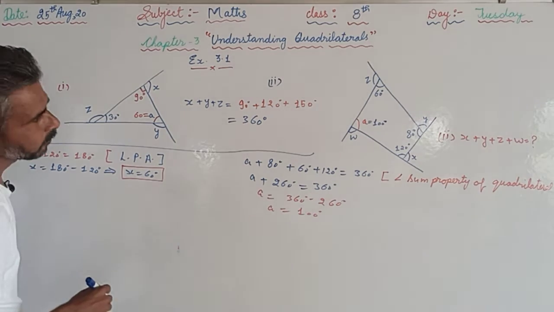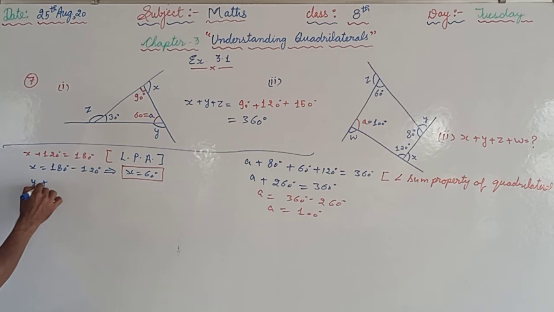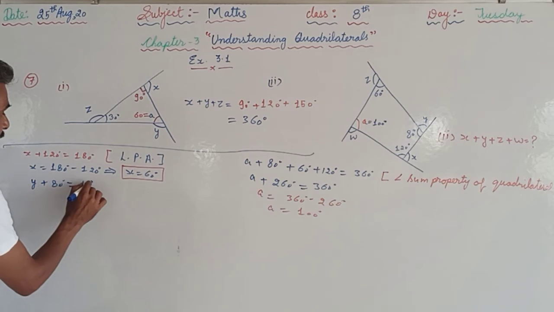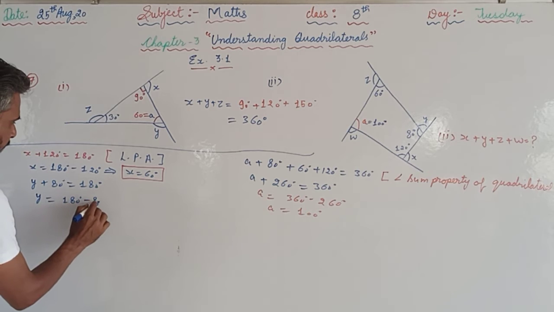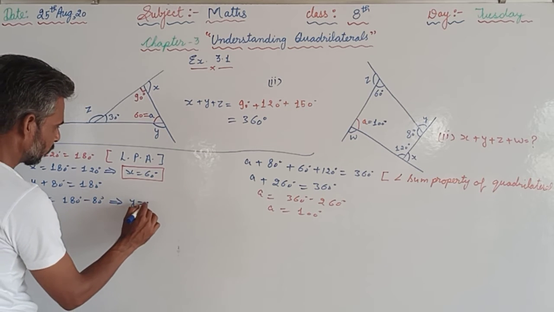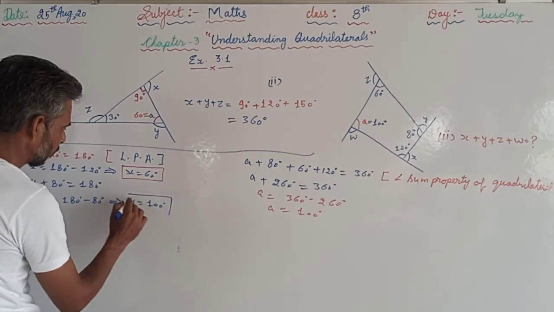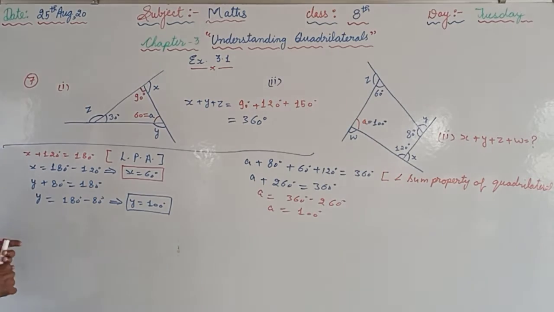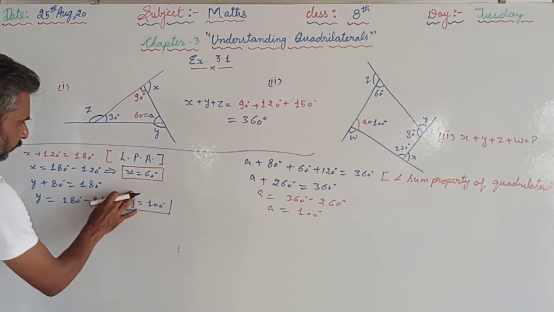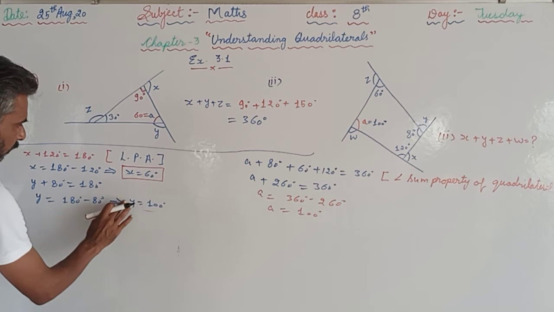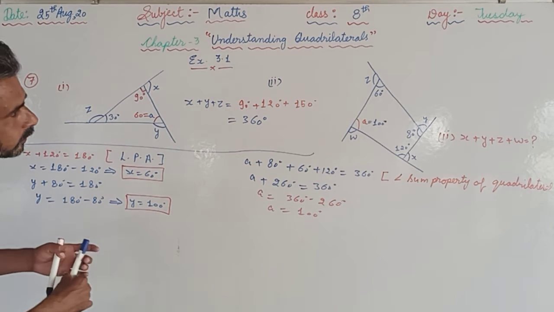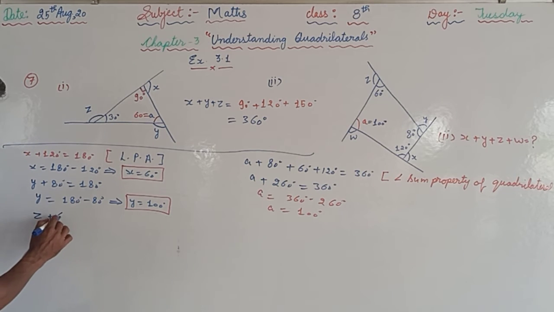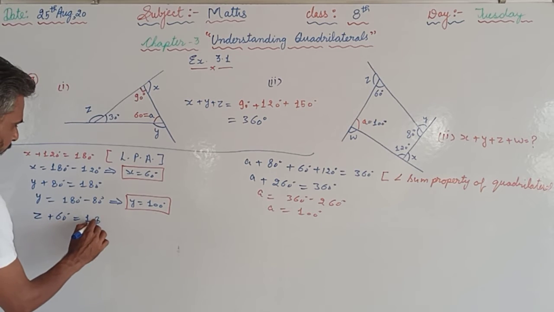Now we have to find y. So y plus 80 degree is equals to 180 degree. Why? For the simple reason, the previous one. So from here y is equals to 180 degree minus 80 degree. So y is equals to 100 degree. At the same time, now we have to find the value of z. So z plus 60 degree is equals to 180 degree.